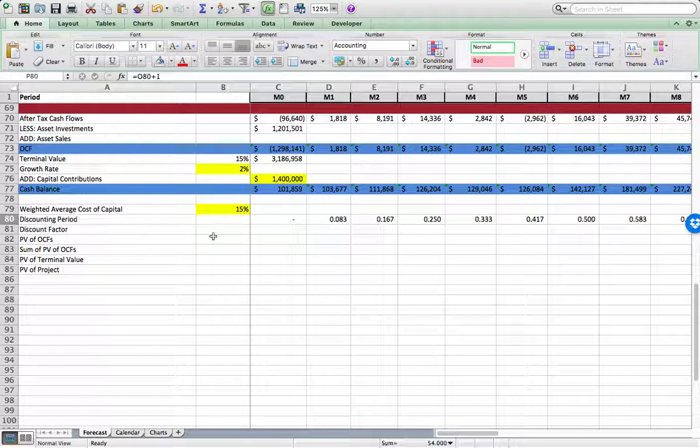And so then we need our discount factor, and this is sort of a simple, transparent way for people to look and understand what you're doing in terms of the discounting. And so if you think about present value, you would take your value and you would divide it by 1 plus your discount rate raised to the power of however many periods.